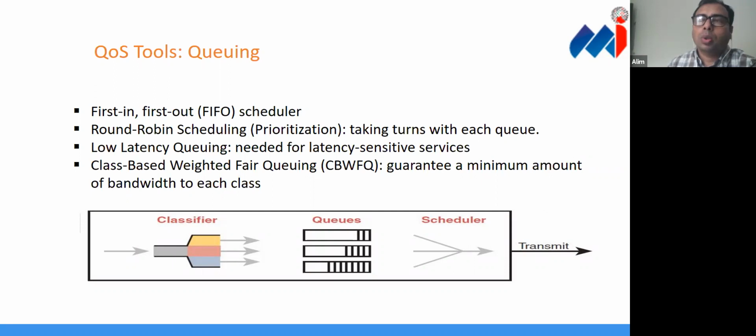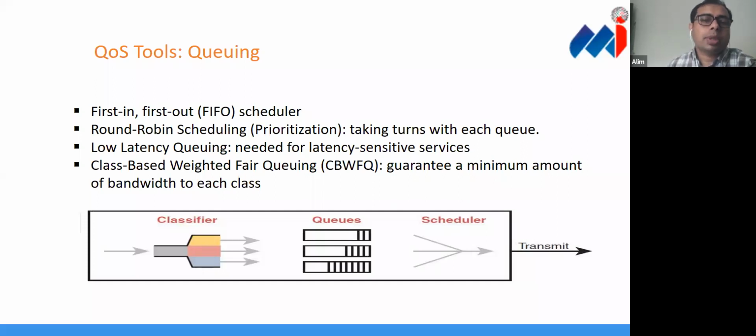At first Q1, then go to Q2, Q3, and then it will take turns. But you can prioritize with some weights. In that case, it will prioritize some queues, say the voice queue will take 60%, then it will take 20% from each of the others. In this way, it will work.